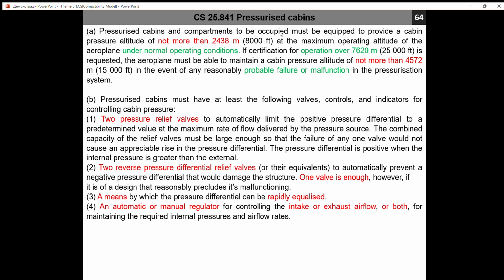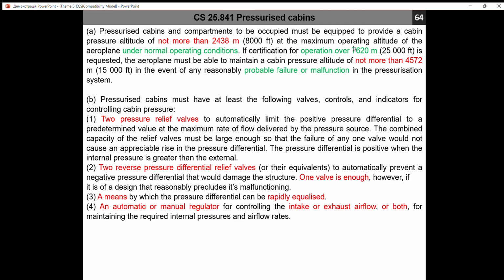What does it mean? Independently of the altitude of flight, whether you fly at 6 km or 12 km, you must maintain a pressure altitude in the cabin equal to 2,400 meters.